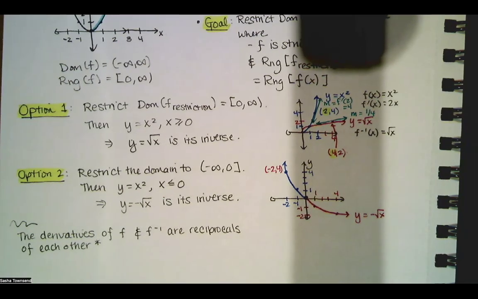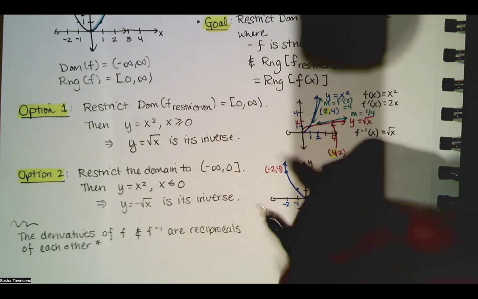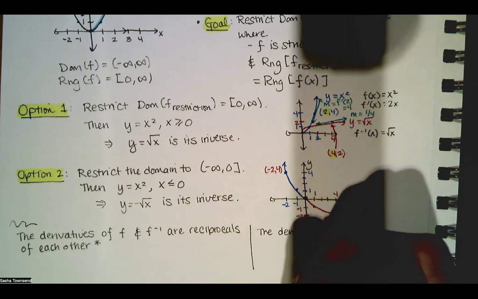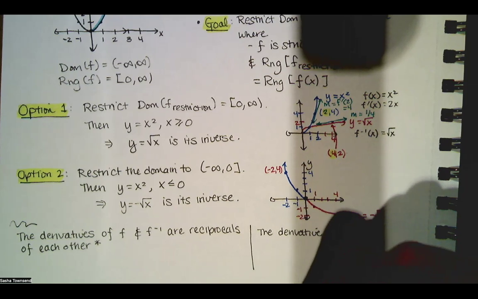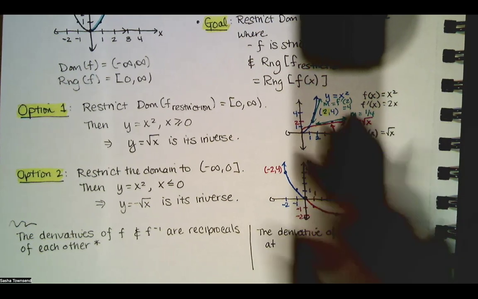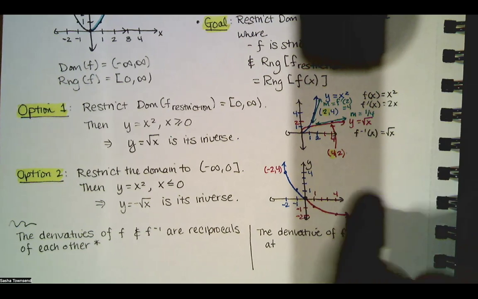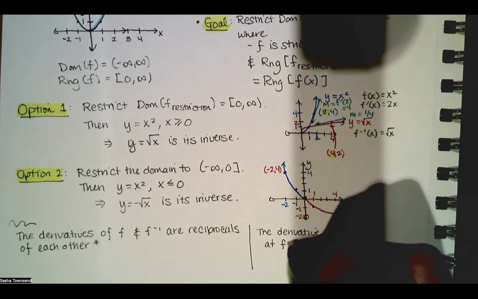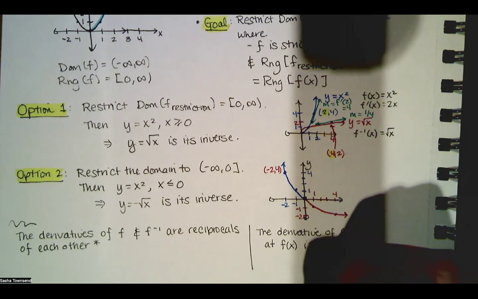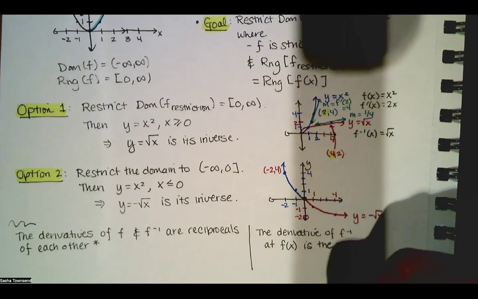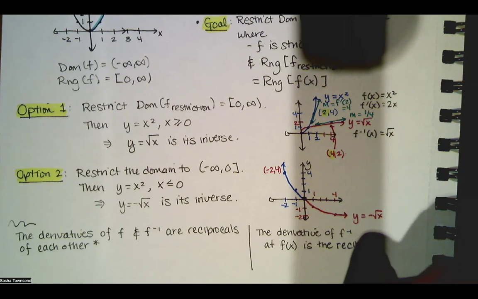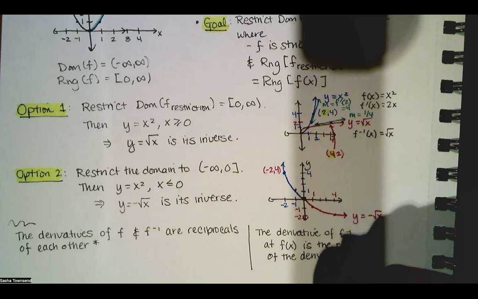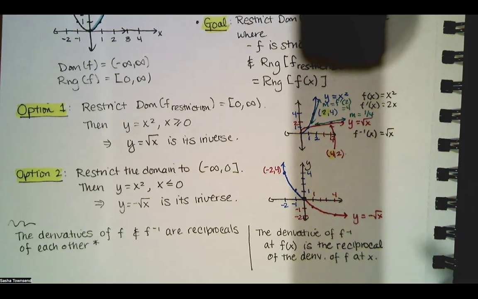Let's try to say this a little bit more precisely. We'll say the derivative of f inverse at an x value in the domain of f inverse, which is actually a y value in the range of the original function, so at f of x, is the reciprocal of the derivative of f at x.